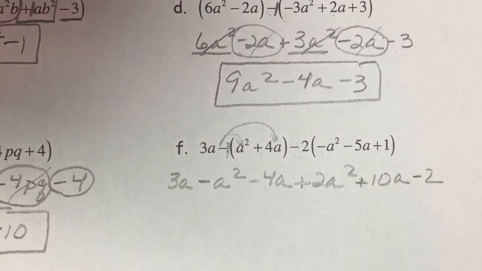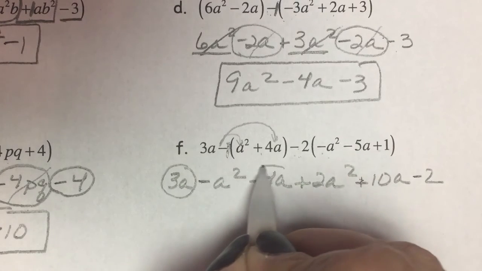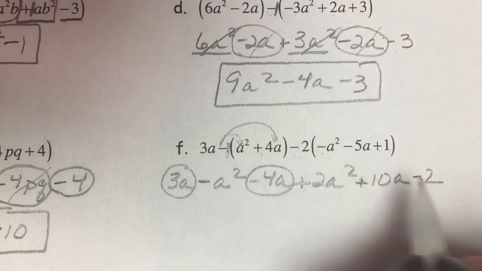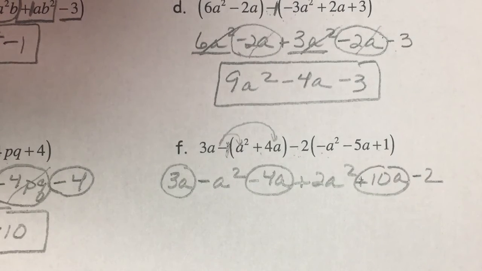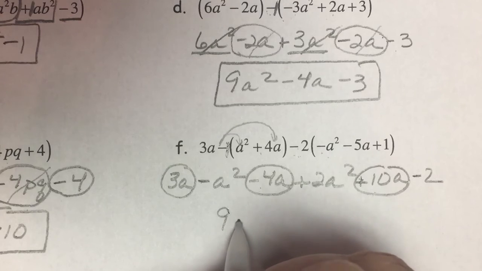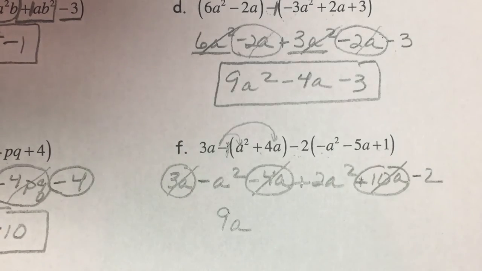So if we combine our like terms, I'm looking at 3a, which combines with negative 4a, and wait, don't forget, we also have that positive 10a, so we can combine all of them. So let's add the coefficients. 3 plus negative 4 is negative 1, and negative 1 plus 10 is going to be a total of 9a, and all of these have been combined.